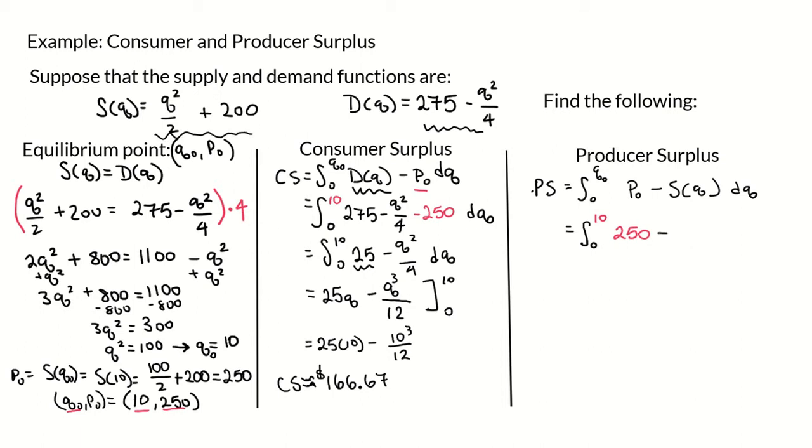So minus the supply function would be minus Q squared over 2 and minus 200, because we subtract both parts of that supply function. Simplifying this, we get the integral from 0 to 10, 250 minus 200 is 50, minus Q squared over 2 dq.